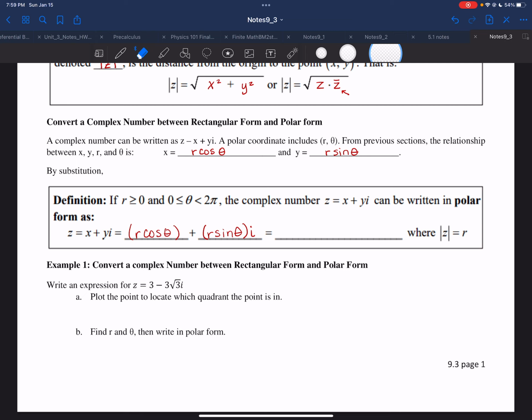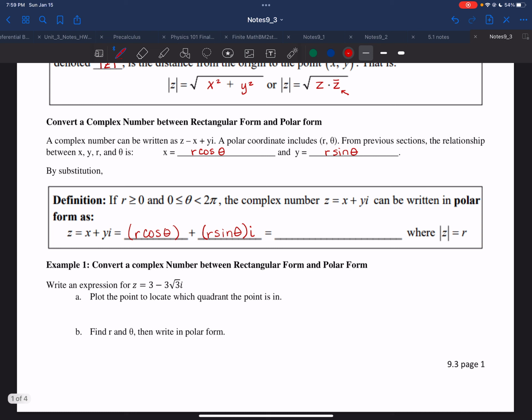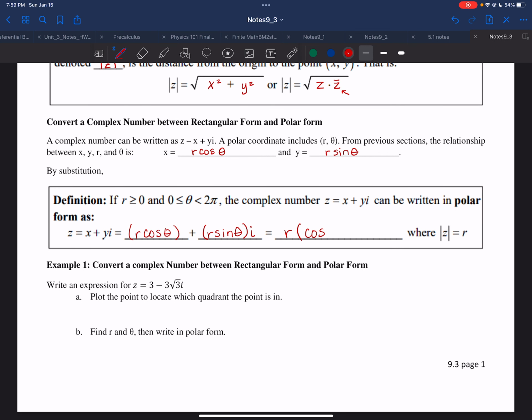This is going to be a very standard way that we'll be writing this: r, and then I have cosine theta plus i sine theta. Okay, and here we have that |z| value is actually equal to our r.